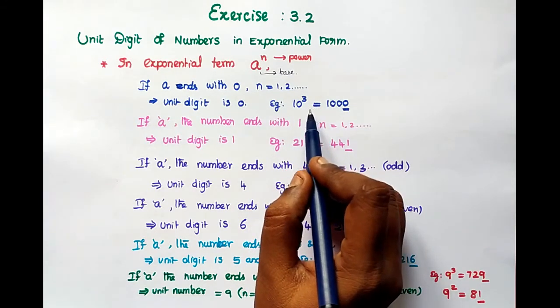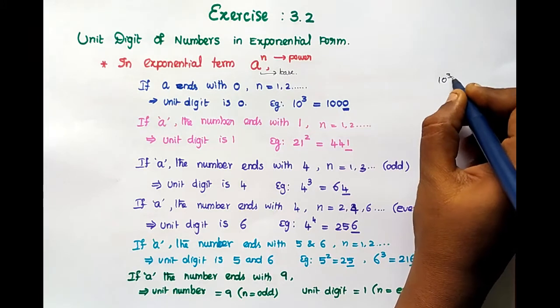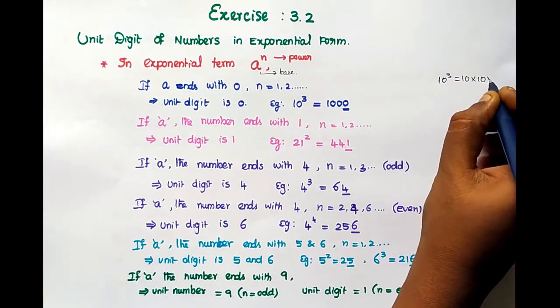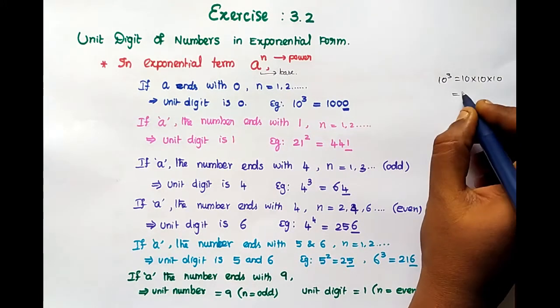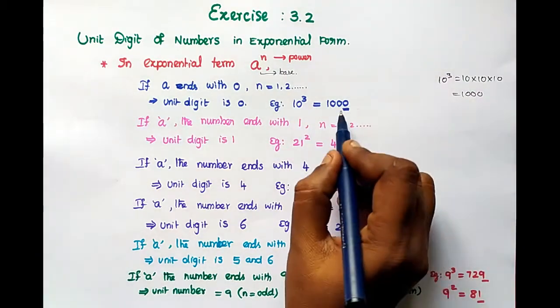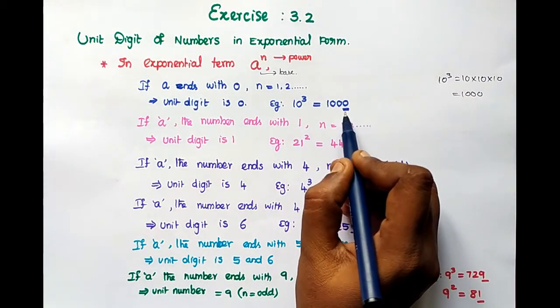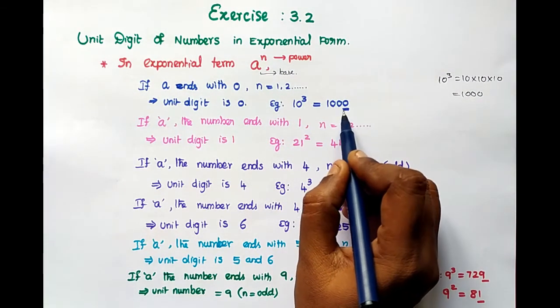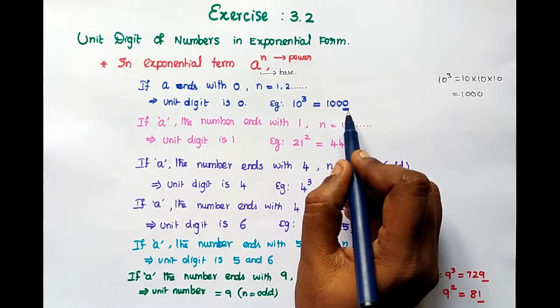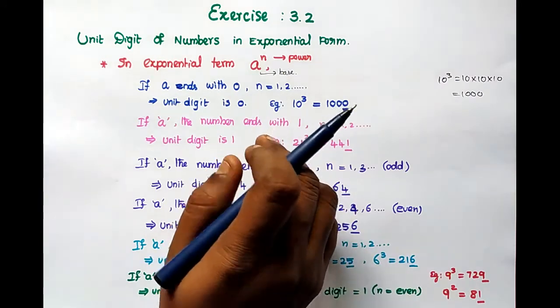So 10 into 10 into 10, we get 1000. The unit digit, the ones digit, is 0. That is the first one.